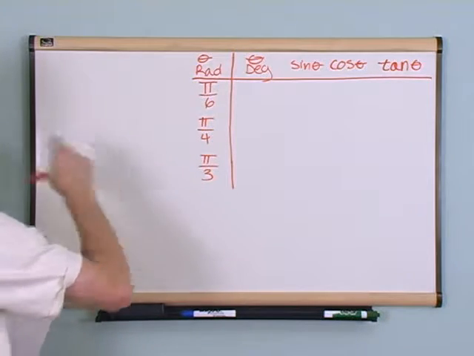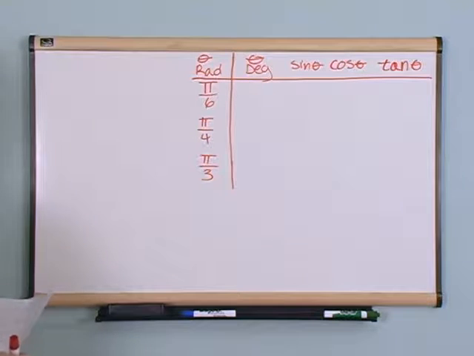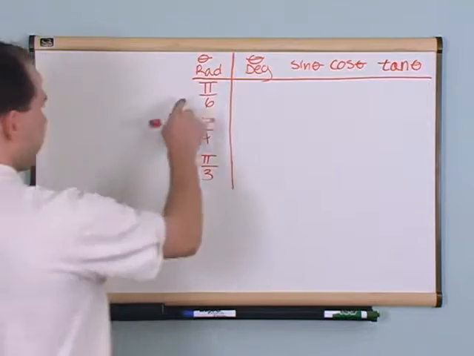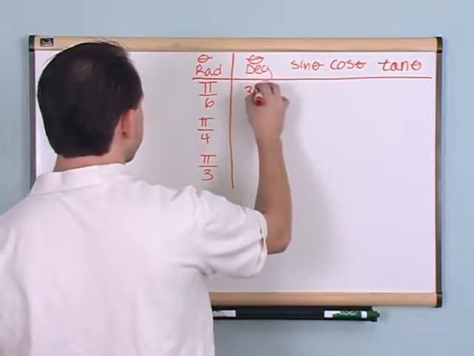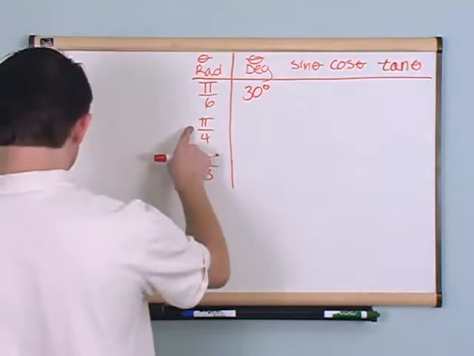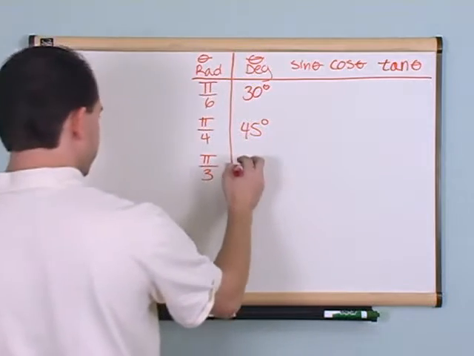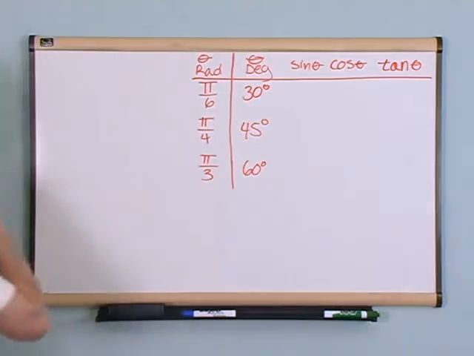To jog your memory from the previous section of the class, pi over 6 is exactly equal to 30 degrees, pi over 4 is equal to 45 degrees, and pi over 3 is equal to 60 degrees.